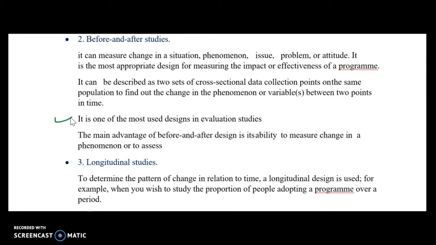So he will take their satisfaction level before and after applying this computer system, to see to what extent this new intervention has changed the ideas or the satisfaction level of this group of people. The main advantage of the before and after design is that it is suitable to measure change in the phenomenon or an issue.